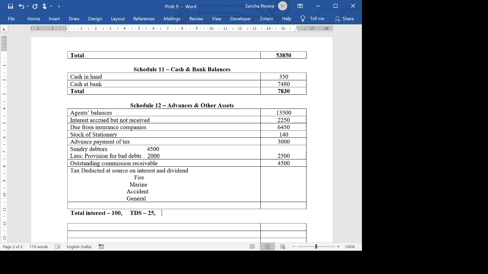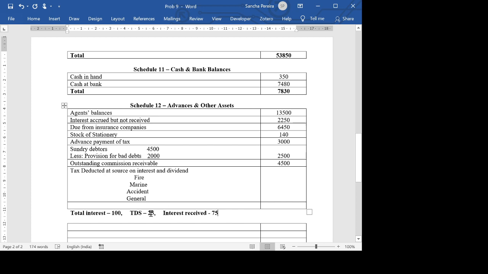So the interest received is 75. What they have told us is interest and dividend received, TDS at 25%. Taking this example, assume the total interest is 100, TDS is 25, interest received is 75.